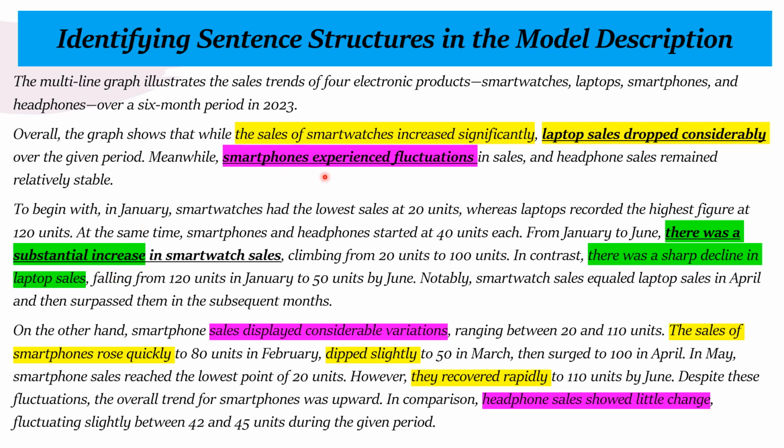Similarly, pink represents subject plus experienced, saw, witnessed structures. Pause the video and read through the highlighted sentences carefully to understand how these structures are used. Take a moment to compare your findings with the highlighted sentences. Did you find all of them? Great. Understanding these structures will help you describe trends more effectively in your writing.